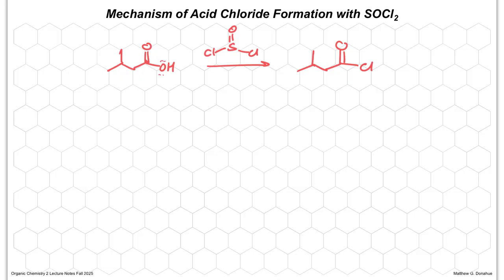If we take a lone pair on oxygen, we can have it attack that sulfur. Even though it's a heteroatom, it has these 2 chlorines which are electronegative bonded to it.